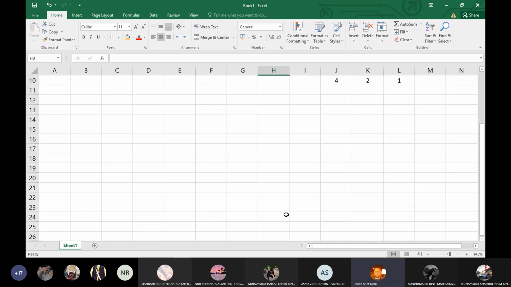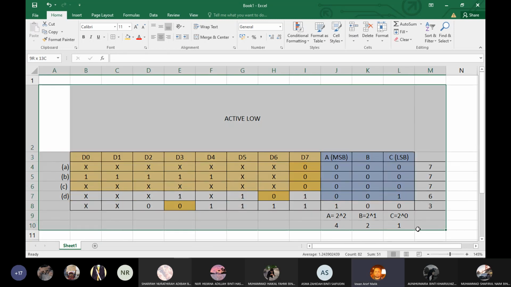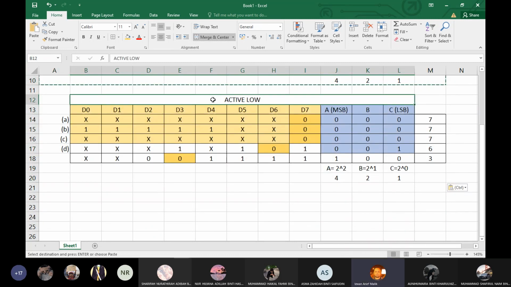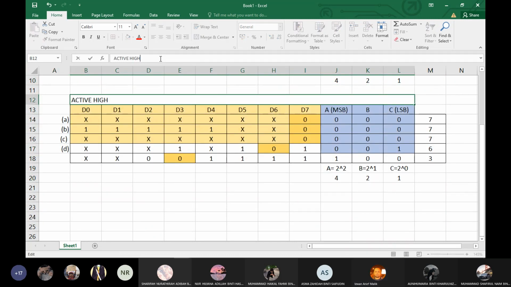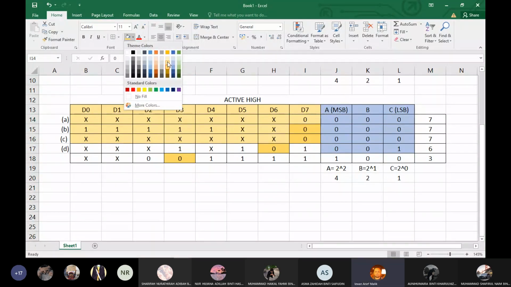Okay, kalau active high, let's say saya ubah ni semua jadi active high. Then jawapan dia akan jadi lain lah. Macam ni, semuanya don't care, and then sini kosong, so dia tak ada output. So this will consider as X idle.